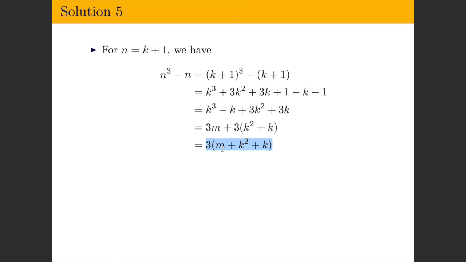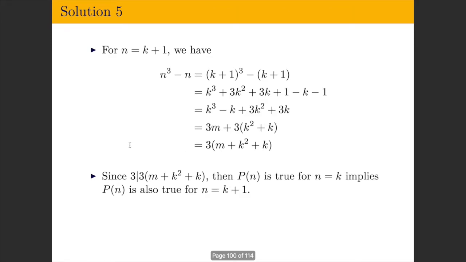And what do you know? What have we actually proven here? Well, we've proven 3 definitely goes into 3 times something. Because m is an element of the natural numbers, k squared is an element of the natural numbers, k is an element of the natural numbers.